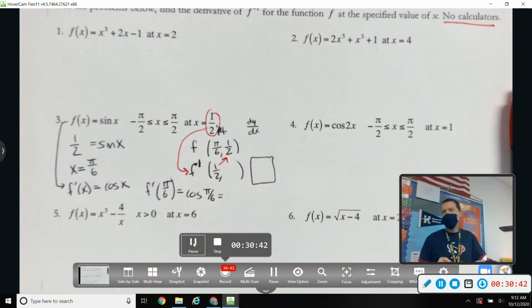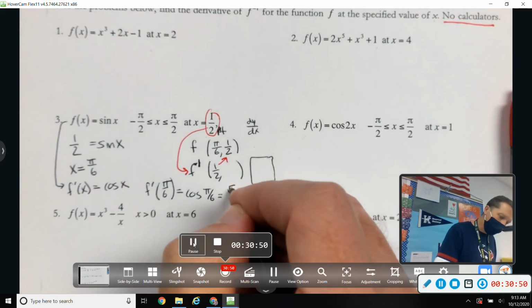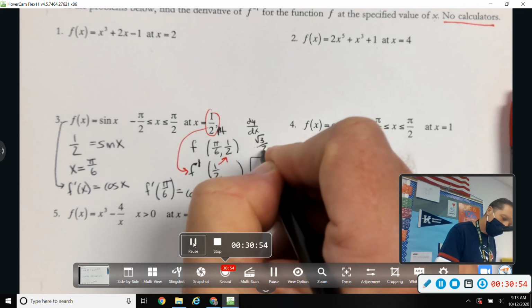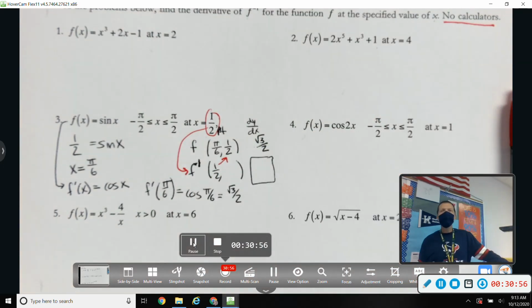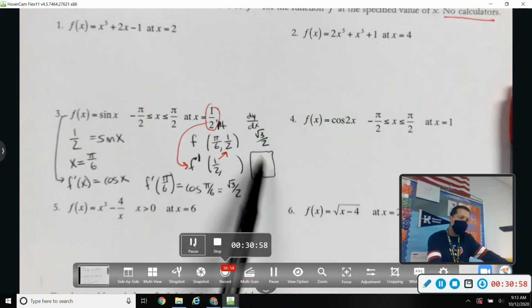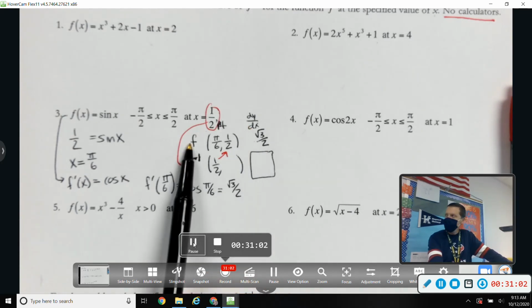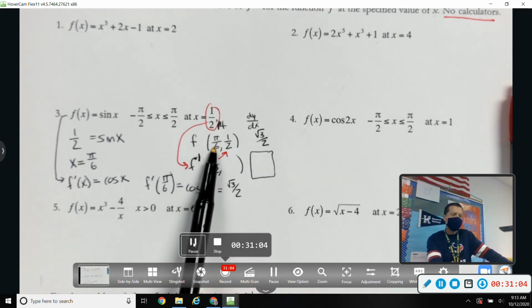Cosine of pi over 6. Well, this shouldn't be too hard. We just realized the sine of pi over 6 is 1/2. So the cosine has got to be that other value, root 3 over 2. And so root 3 over 2 is the derivative of the original at pi over 6.